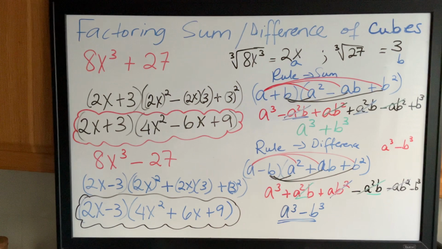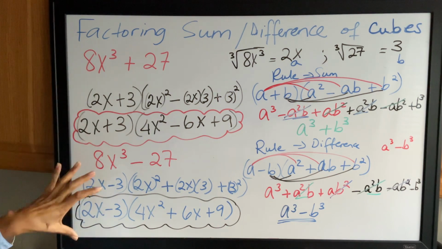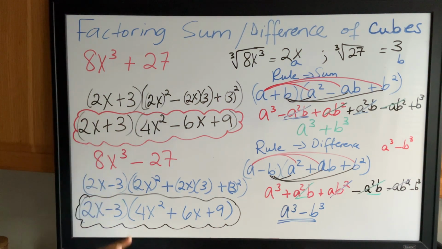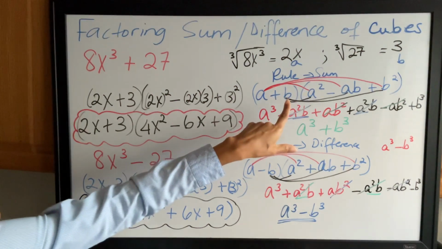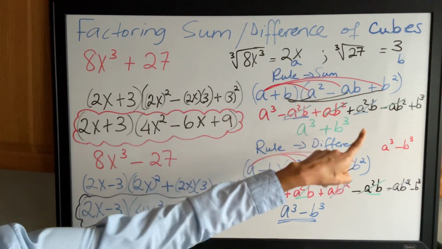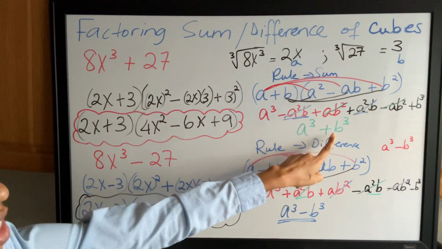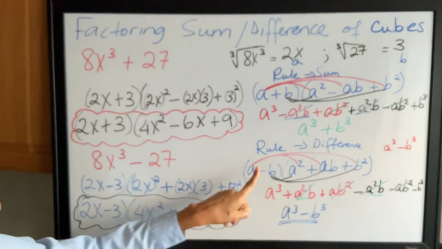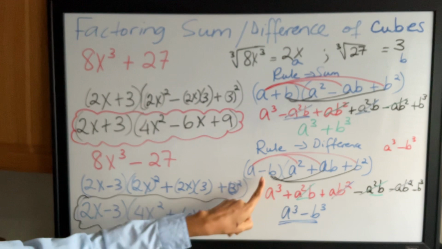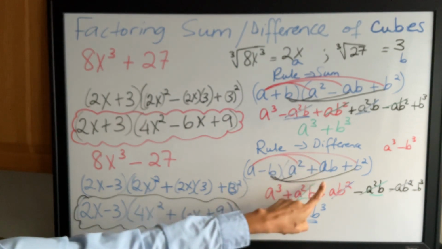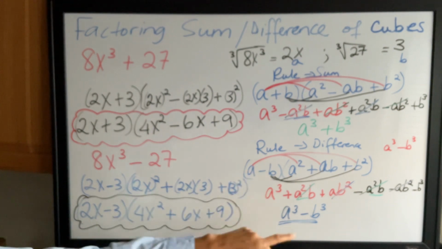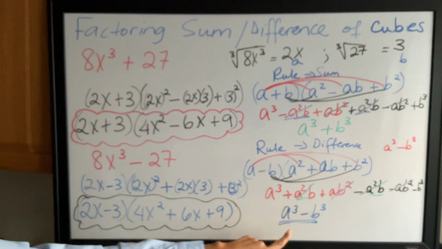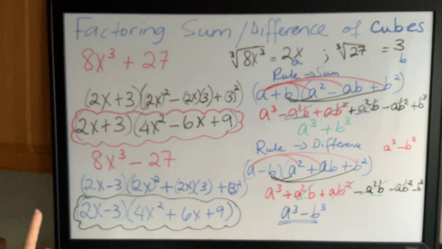So I just showed you that this is how you arrive at your answer, by finding the cube root of this, and then I also show you how the product of a binomial and a trinomial will take you back to the sum of both cubes, or the product of a binomial and a trinomial here with a negative is going to take you back to the difference of these two cubes. Both are a binomial.